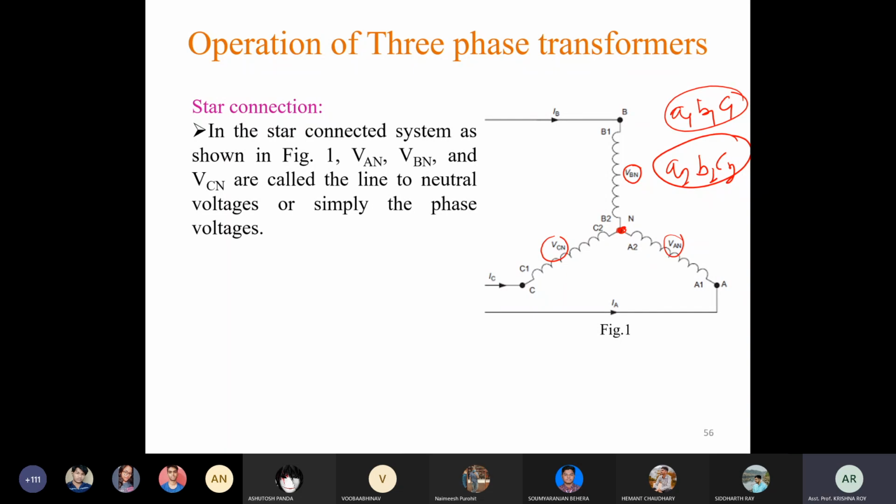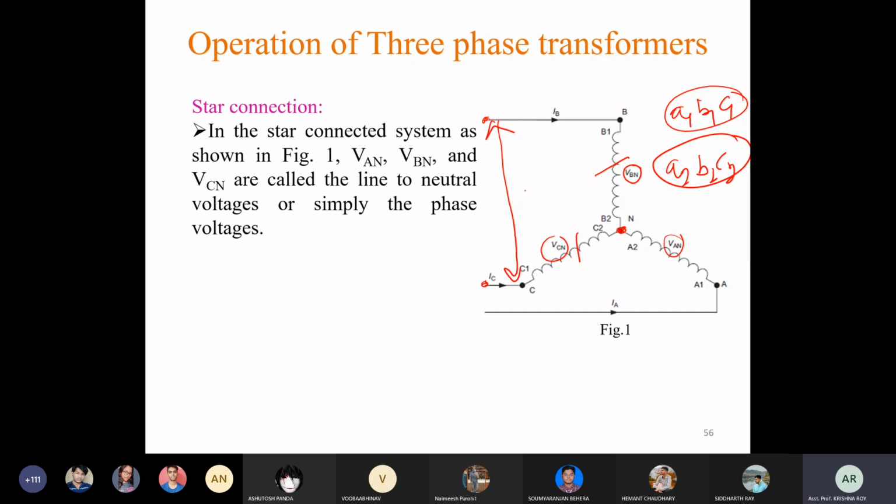For star connection, we can see between 2 terminals, suppose this terminal and this terminal, there appear 2 windings, this one and this one. So the voltage across this terminal and this terminal will be different from these phase voltages. That is called line voltage. So what is this line voltage?